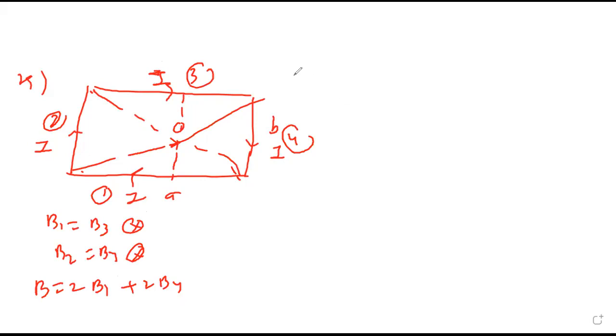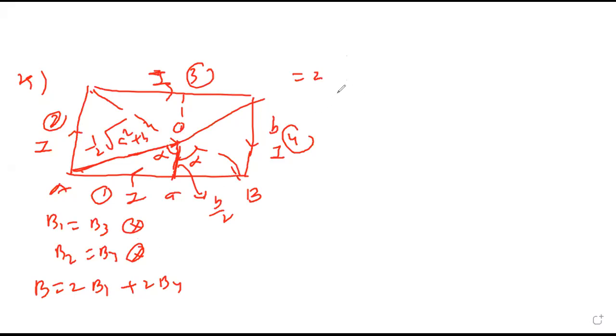Now B1 means, suppose you take this side AB. For this conductor I am taking the angle alpha. This length will become B by 2, and this distance is nothing but half of the hypotenuse. A square plus B square is the hypotenuse, the diagonal.